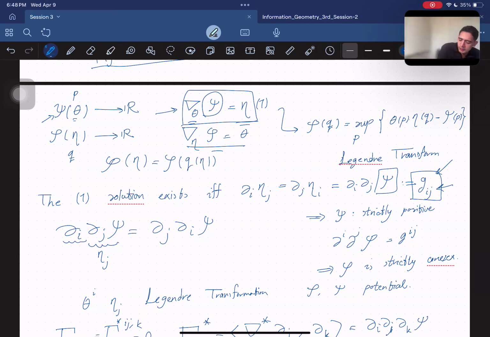Remember, eta was a parameterization of the distribution. Define it to be the Legendre transform of psi, which is the inner product of theta and eta, minus psi. Okay.